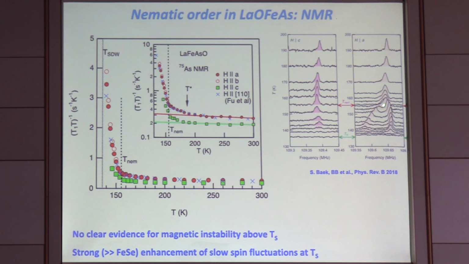You see the splitting, and then at temperatures 15 Kelvin below, you lose your signal, and that means you have a magnetic order. So in this intermediate temperature range between the structural phase transition and the actual Néel order, there's a huge increase of this relaxation rate. That simply means this magnetic system becomes very soft, so the correlation length increases incredibly. There is a pretty strong coupling between this nematic order and the magnetism.